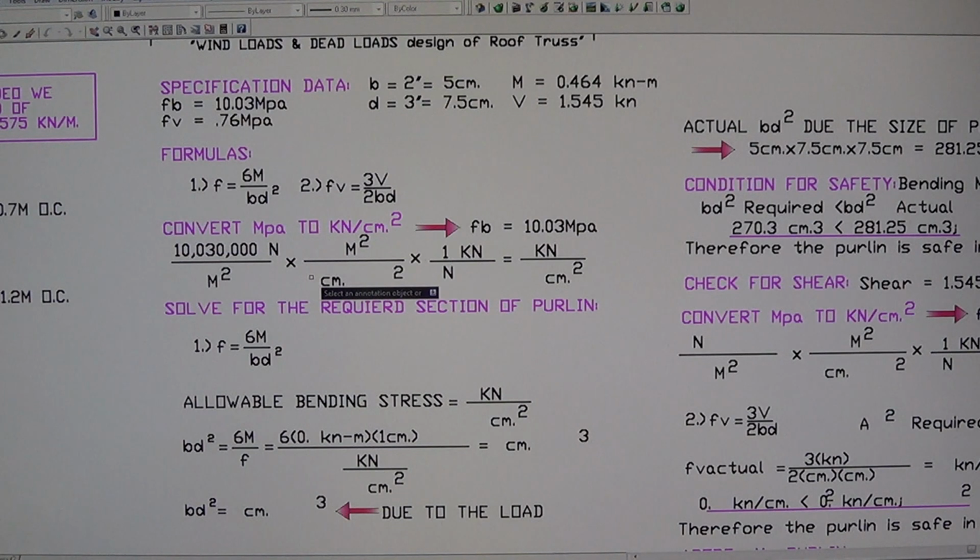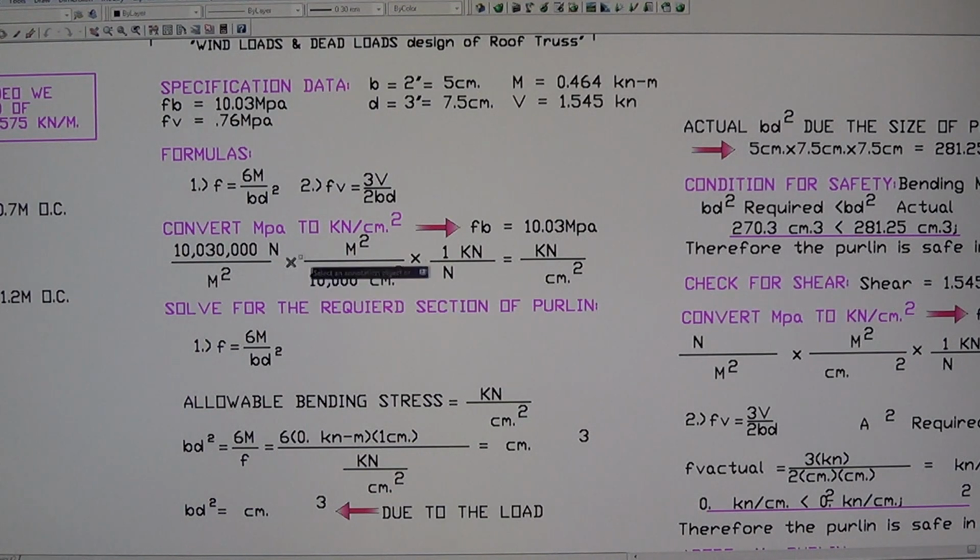And the question is, what is 1 meter square equivalent to in centimeter square? Okay, 1 meter has 100 centimeter, so 100 times 100 gives you 10,000 square centimeter.